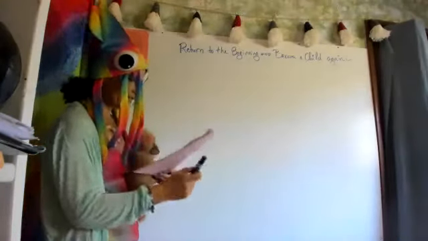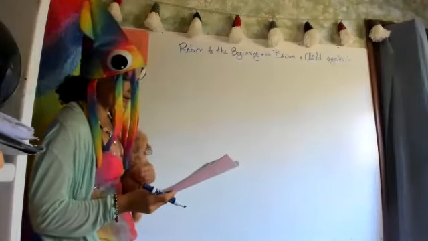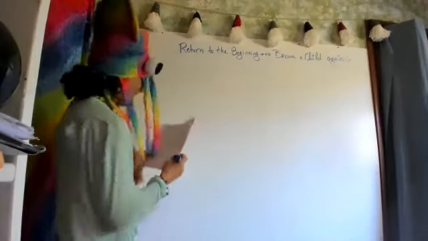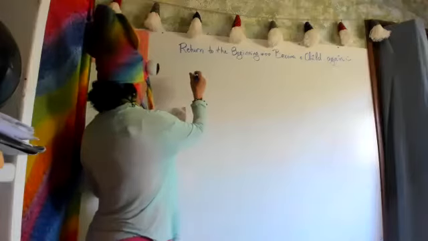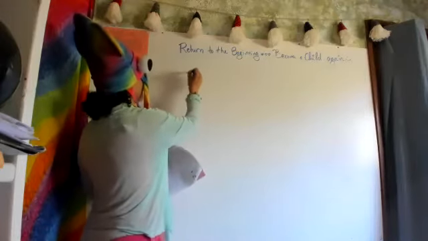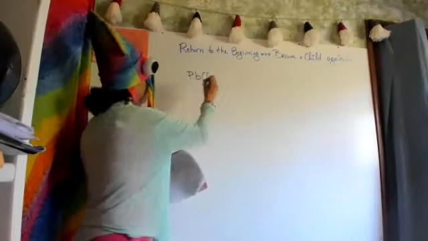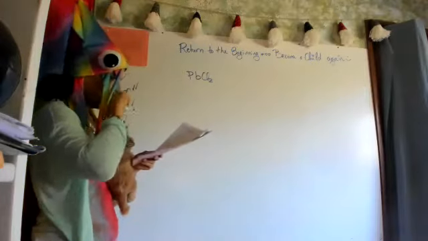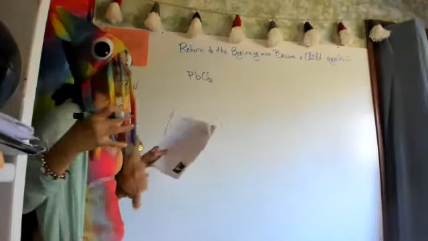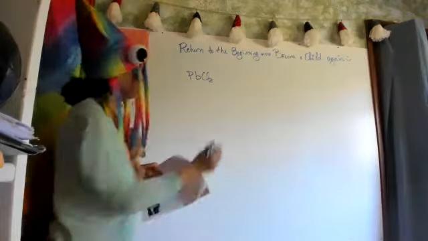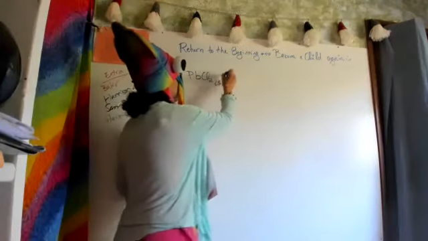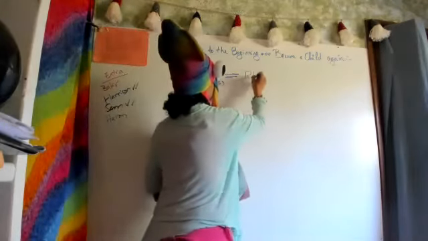Common ion effect. We've seen this before. All right. We have PbCl2. Saturated again just means you have the maximum amount in there. So this is our equilibrium equation.